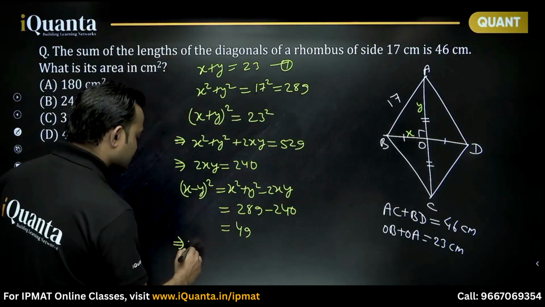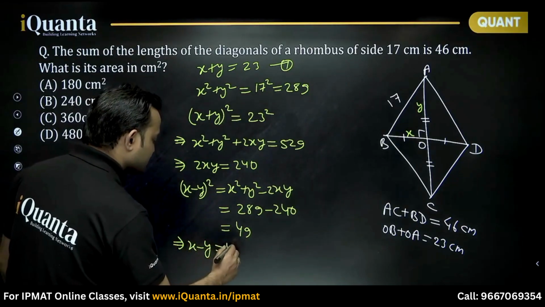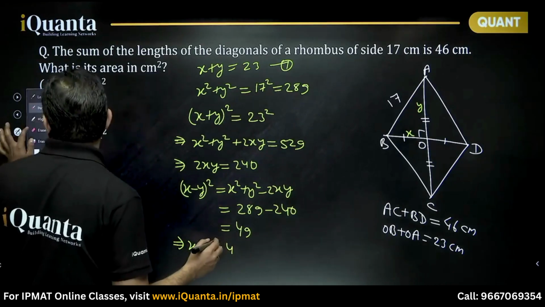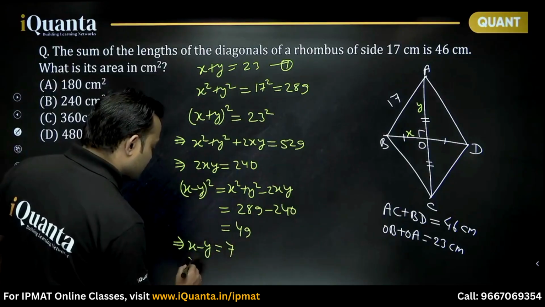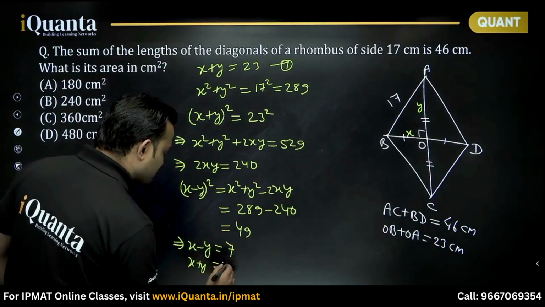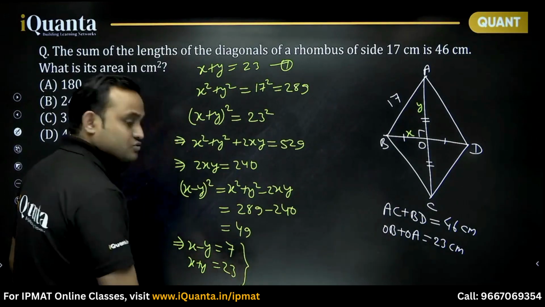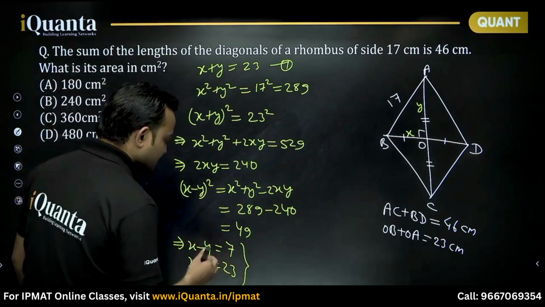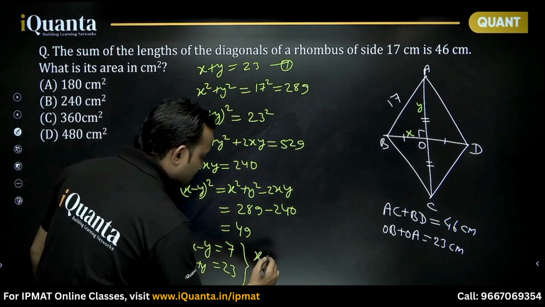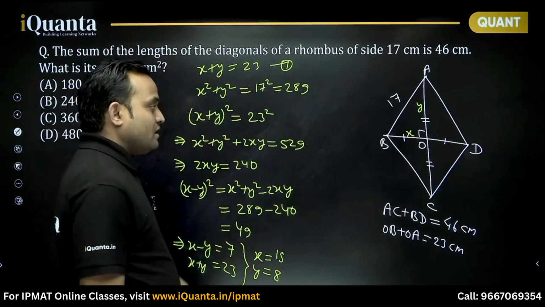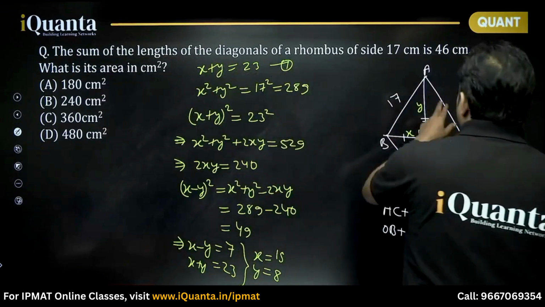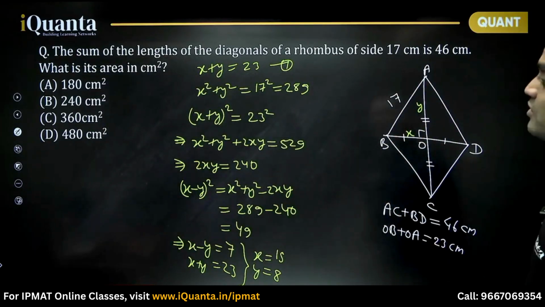Or we can say x minus y is equal to square root of 49, which is nothing but 7. We already know that x plus y is equal to 23. So if I add these two, can we say 2x is equal to 30, or x is equal to 15 and y is equal to 8? So we got the length of OB and OA.